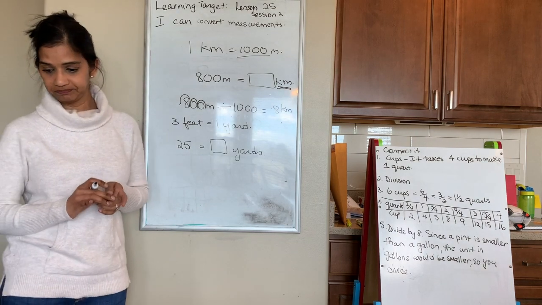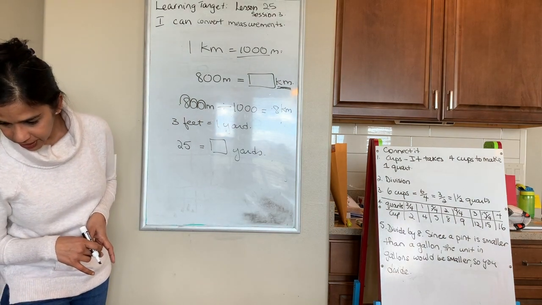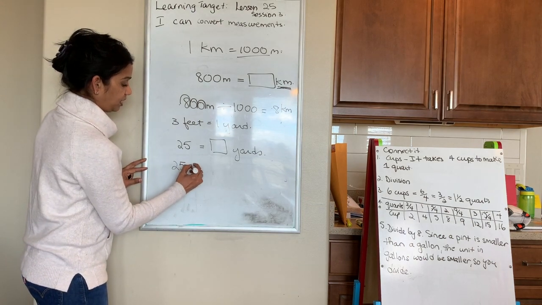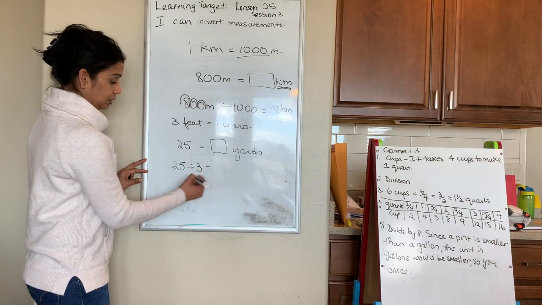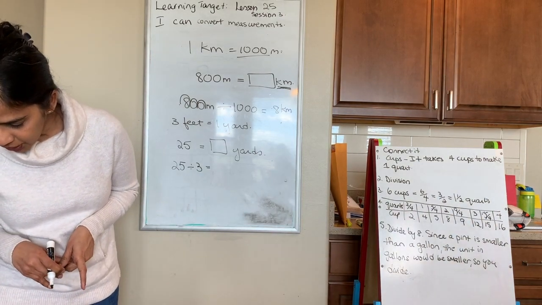Think about it. What do you think? Yes. 25 divided by 3, right? So how much will that be? 25 divided by 3.